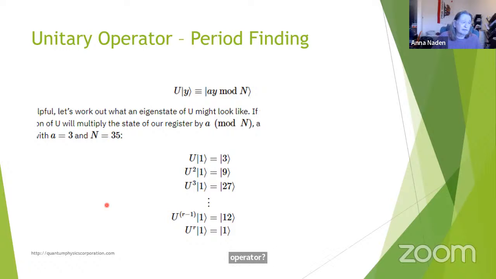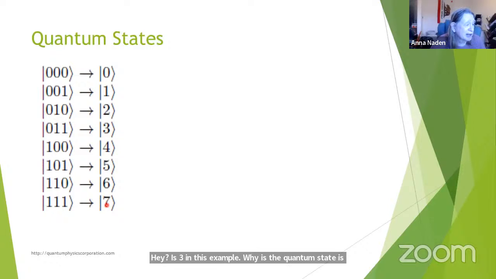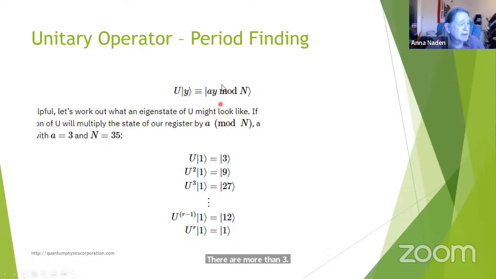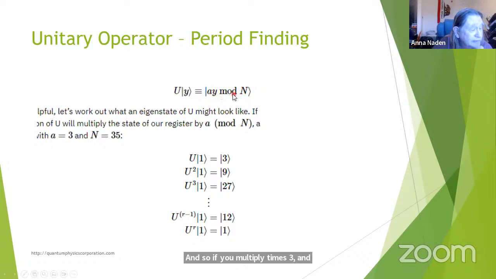So here we dove into abstractions. But a is 3 in this example. y is the quantum state. It's the right-hand column here, 0 through 7, if there were 3 qubits. In the example we're going to do, there are more than 3. And so if you multiply times 3 and then take the remainder, that's what the modulus does.